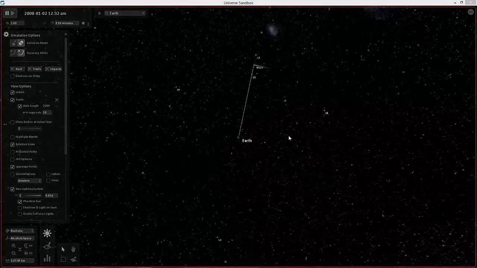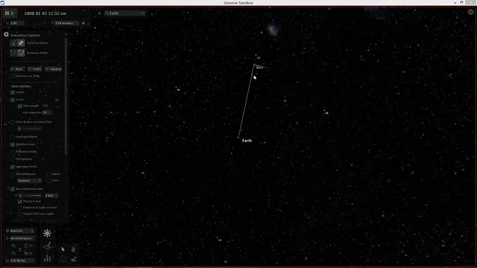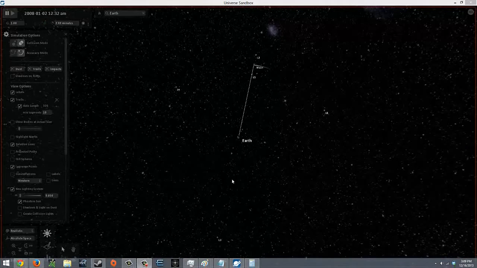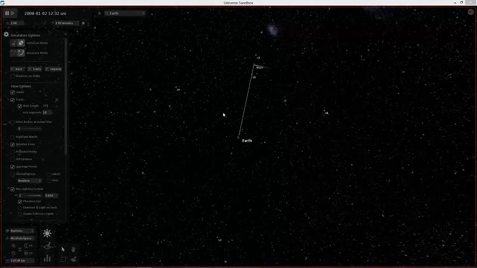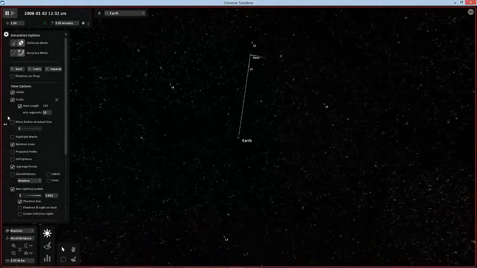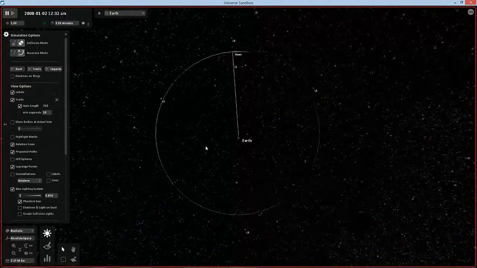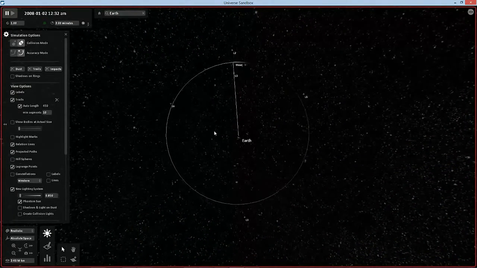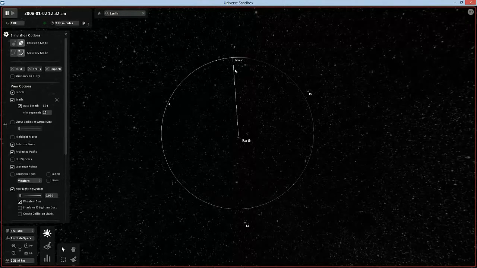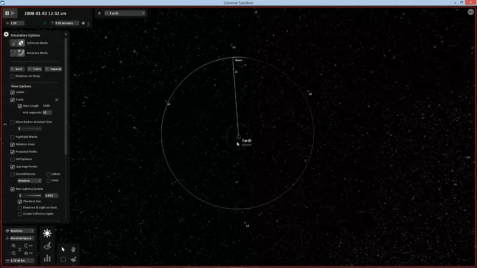Now, as far as Lagrange points, you have L1 or Lagrange point 1, L2, L3, L4, L5. Very simplistic. Let's actually turn this on so you can see. L1 is always between the central body, or the center of the relevant point, and the object that you're dealing with.